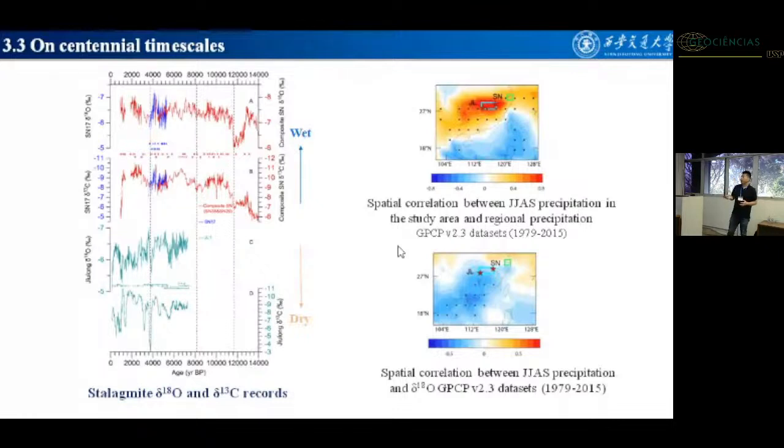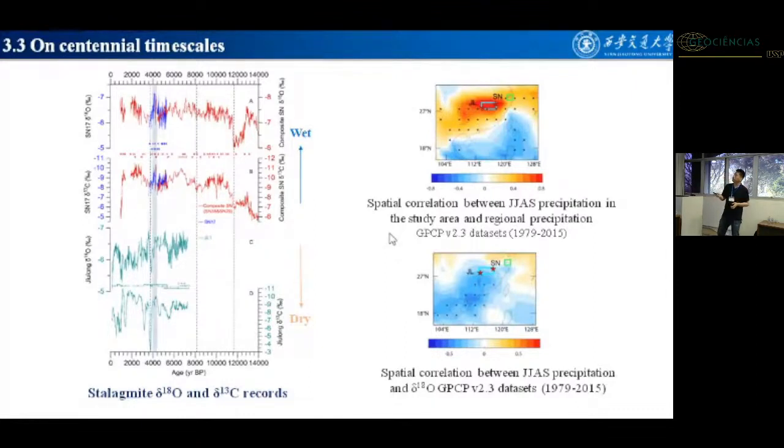And also we calculate the delta 18O correlation with the precipitation. It shows a negative correlation. It means when the speleothem delta 18O value is lower, there is more rainfall in this region.